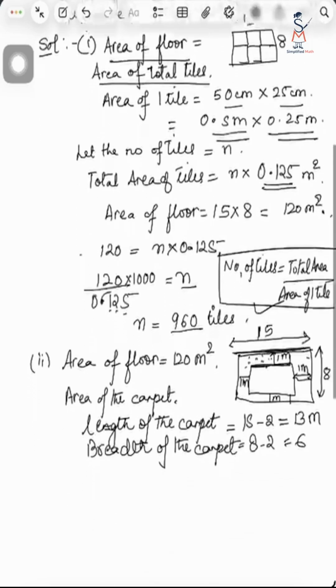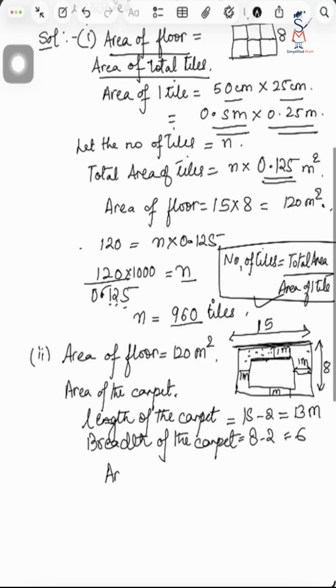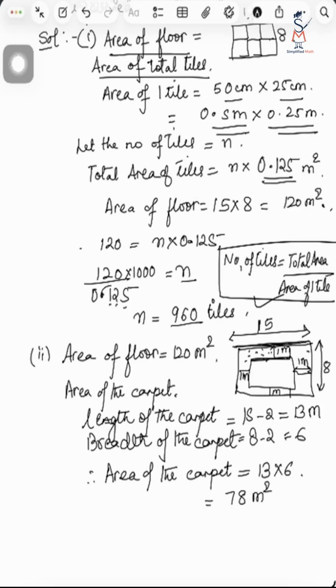So what will be the area of the carpet? Therefore area of the carpet, length into breadth, that is 13 into 6. This will become 78 meters square.